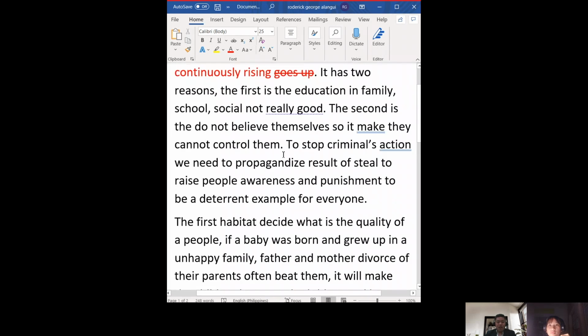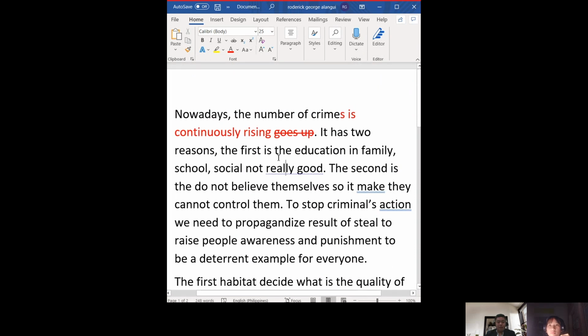Where is the task? Each year the crime rate increases.